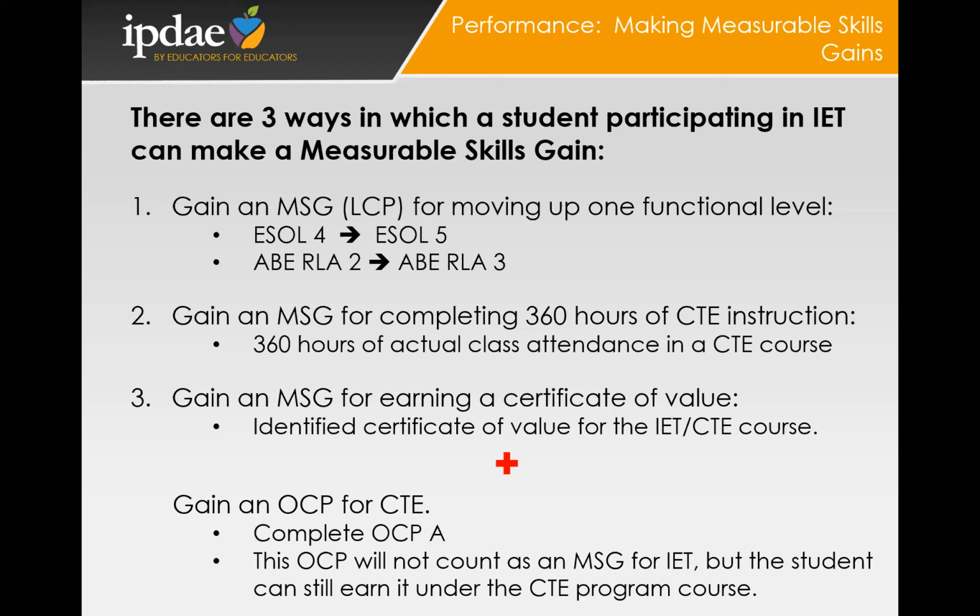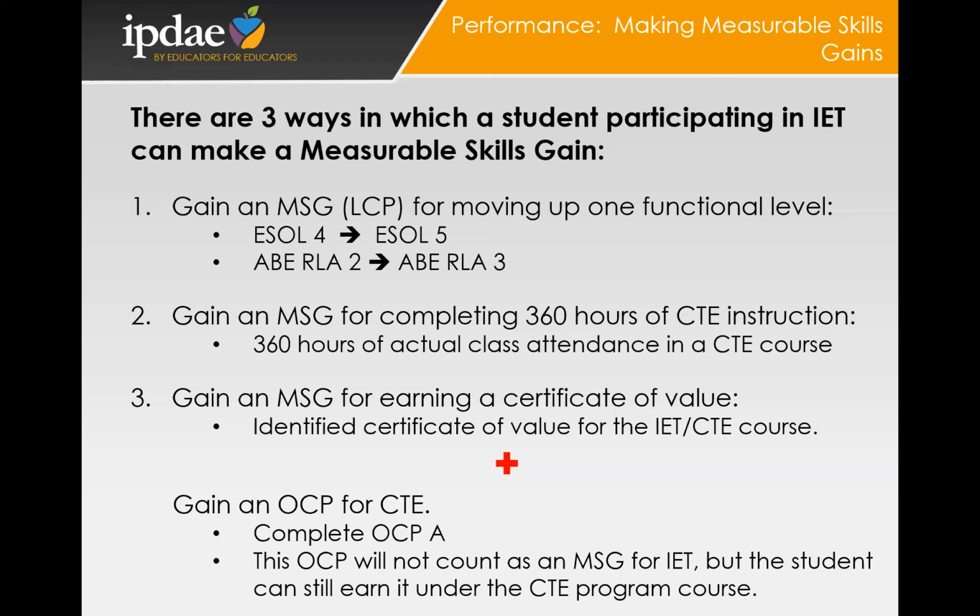In ESOL, for example, a student who moves via post-testing from an ESOL 4 to an ESOL 5 will gain that 1 MSG. If a student is in reading language arts in ABE, let's say level 2, and post-tests at a level 3, then the student will gain 1 MSG for ABE.